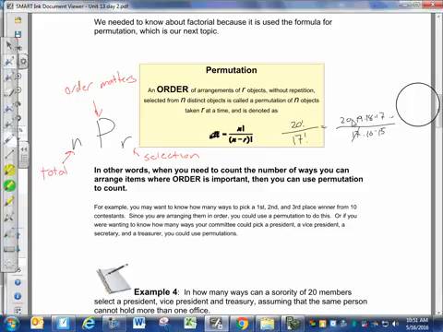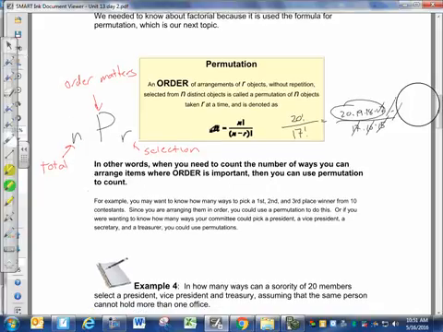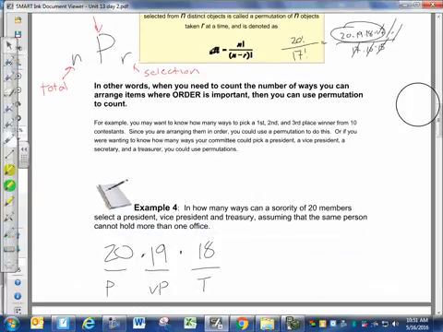We'd end up canceling all of the 17s, 16s, 15s, and we'd just be left with 20 times 19 times 18. So what I'm telling you is this notation can be used to answer this question. This is the same as from a group of 20 people selecting 3.